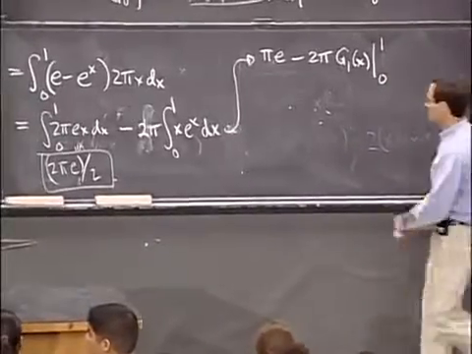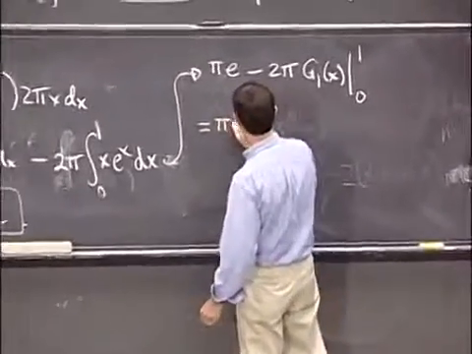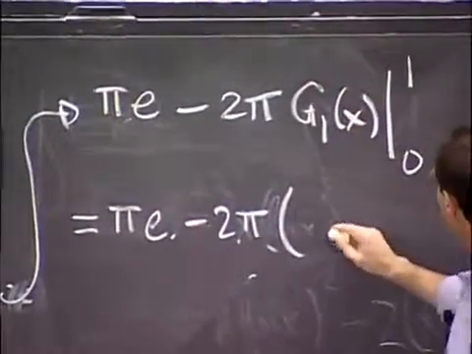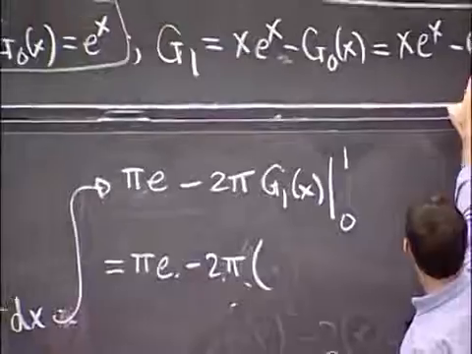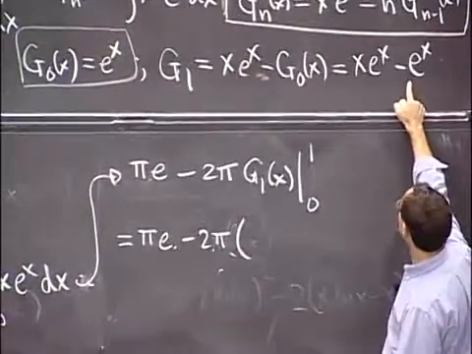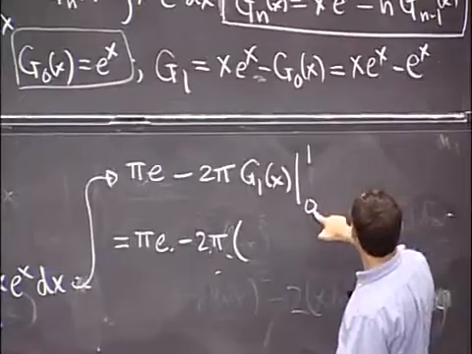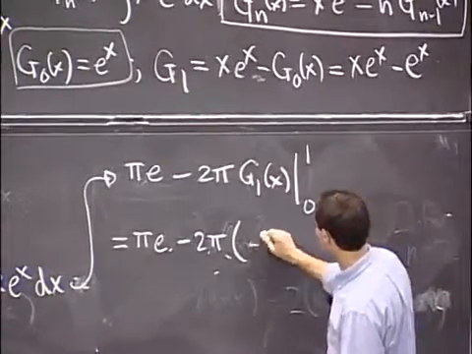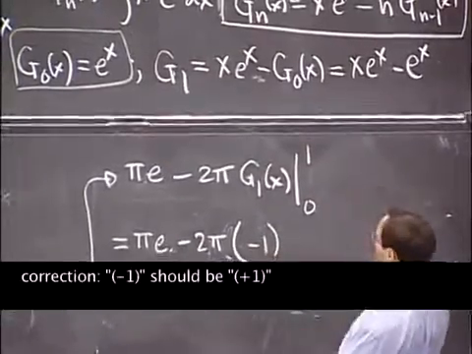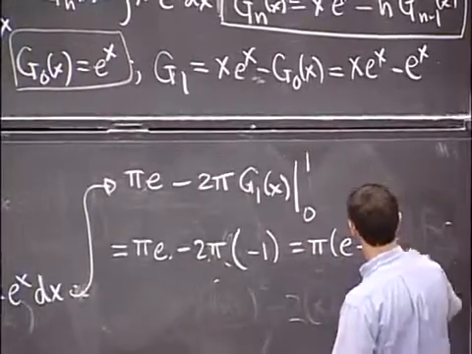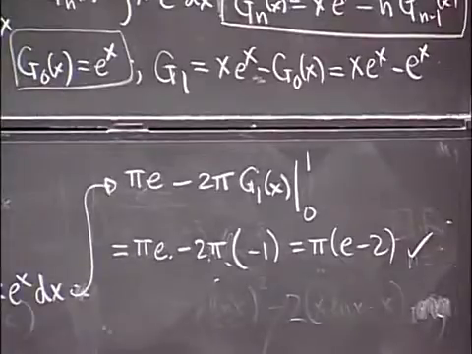So let's make sure that it's the same as what we had before. It's pi e minus 2 pi times, here's G1, so it's x e to the x minus e to the x. So at x equals 1, that cancels. But at the bottom end, it's e to the 0, so it's minus 1 here. All right? Is that right? Yep. So it's pi e minus 2. It's the same.